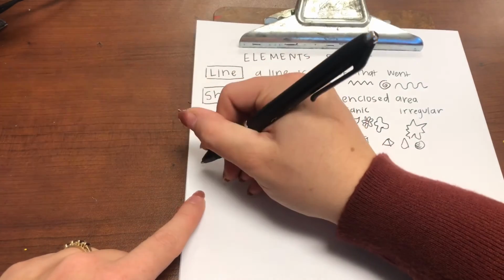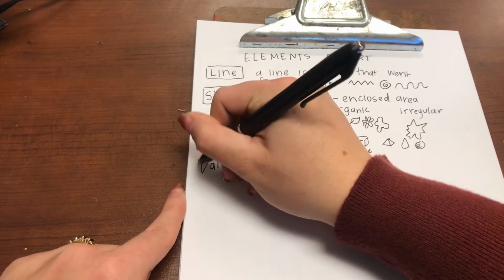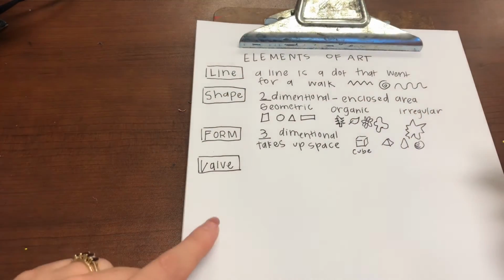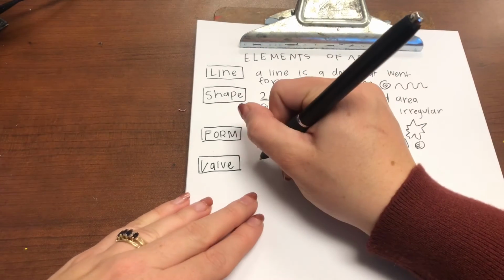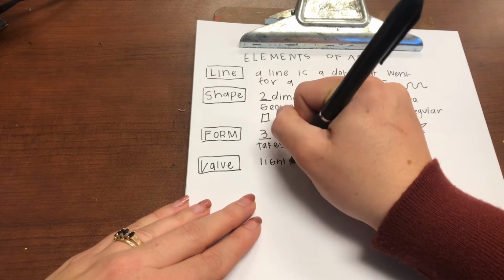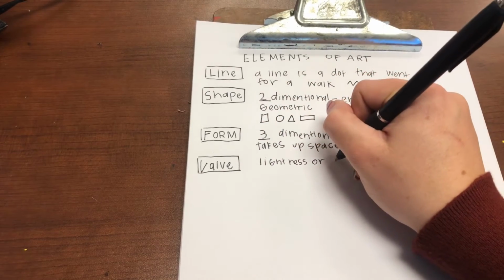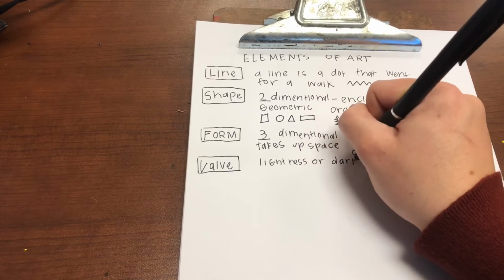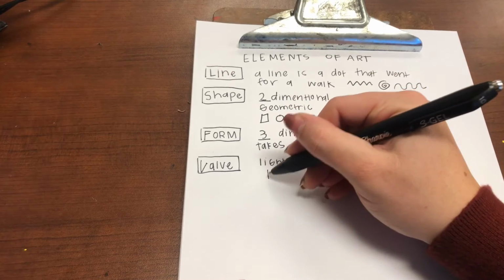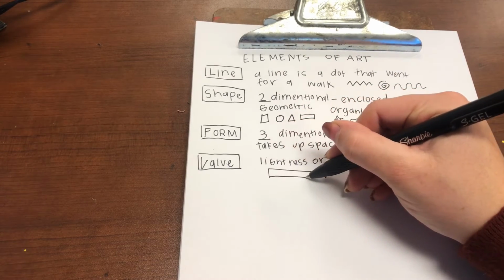Your next element is value. With value, this is the lightness or darkness of a surface. Basically when you are doing value, it's just going from light to dark or dark to light.